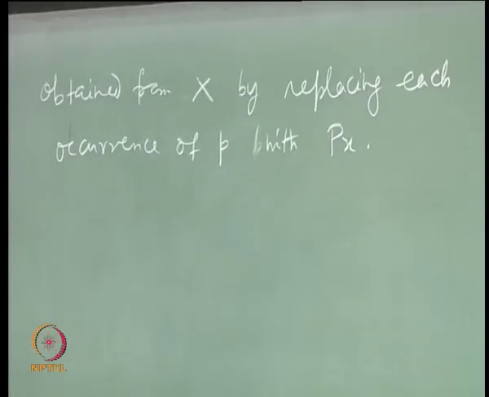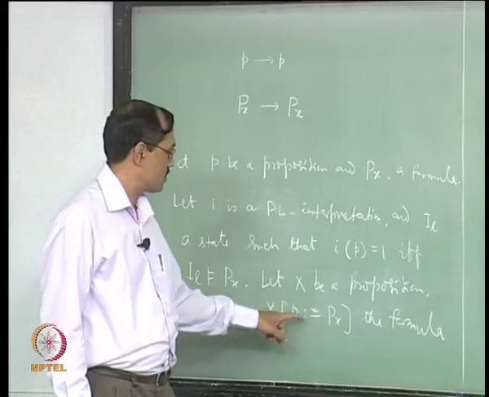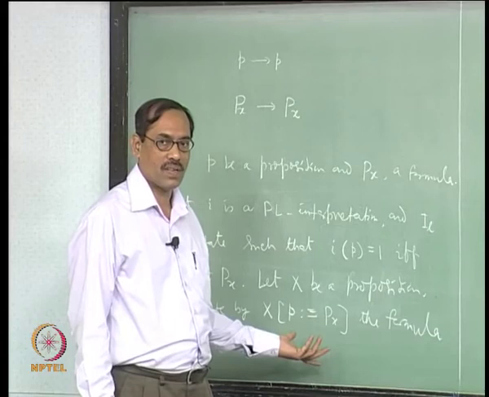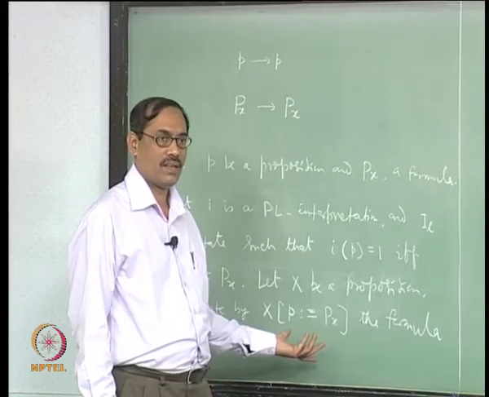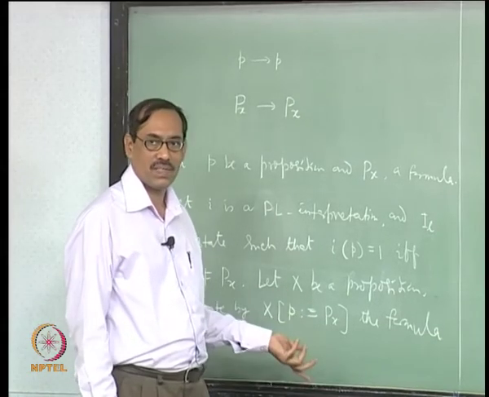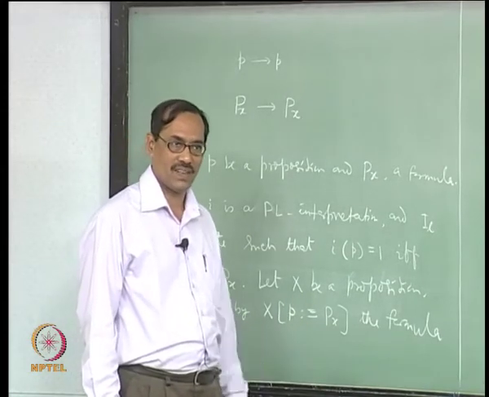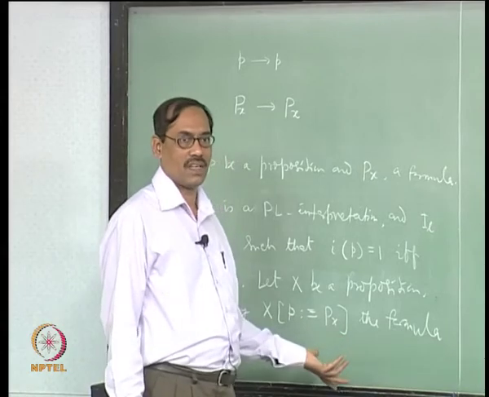So, now what happens? X with p substituted by Px has no variable capture, because we have started with x as a proposition itself, and there are no quantifiers. So, things are simplified here; no variable capture is occurring.